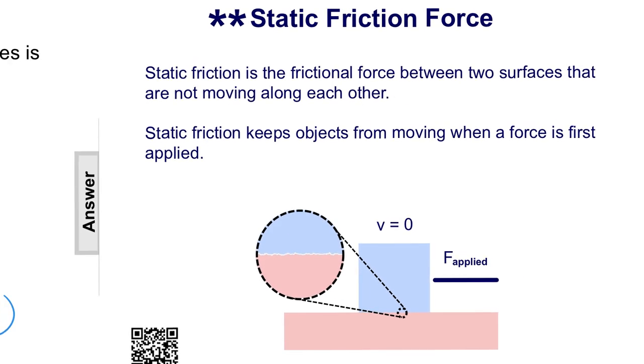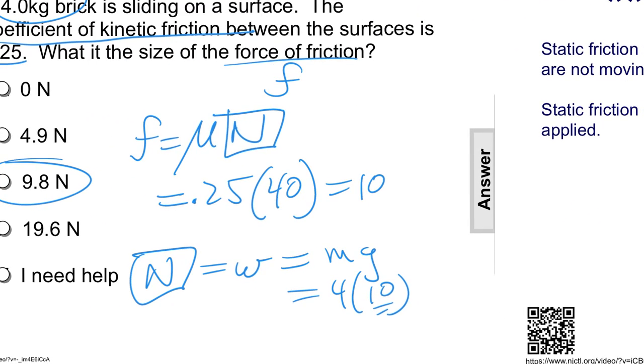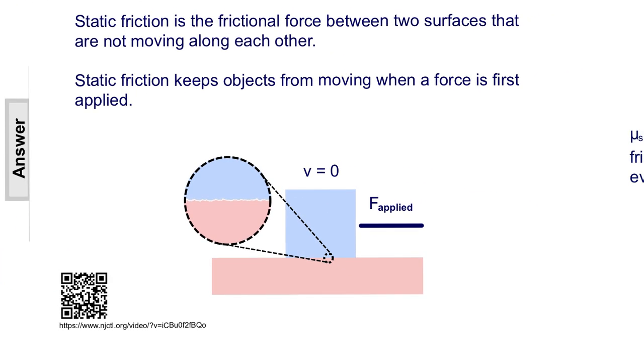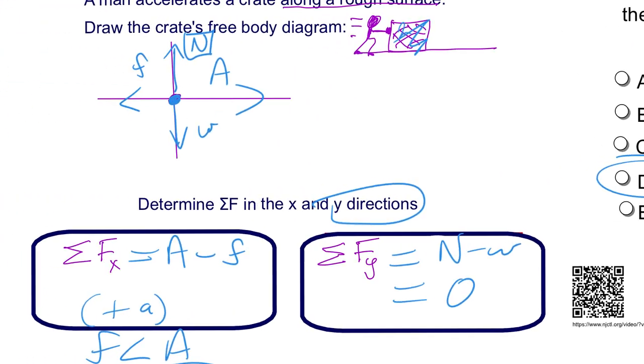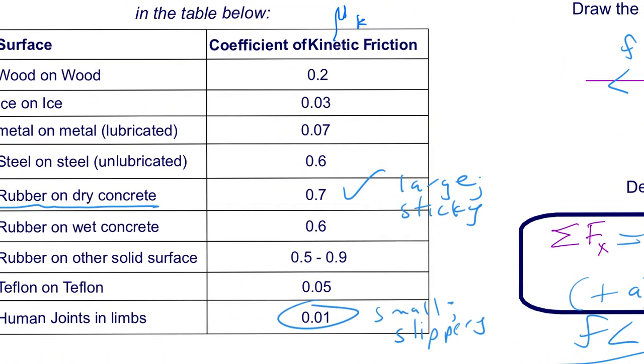Okay, don't get confused between friction, the force of friction, and the coefficient of friction. Okay, don't confuse between those two. One thing I should say is that coefficients of friction are unitless.